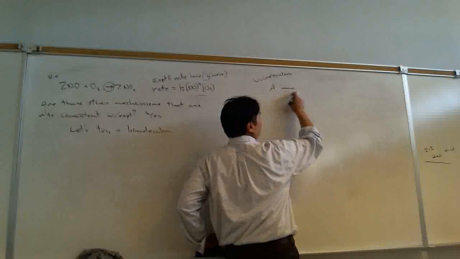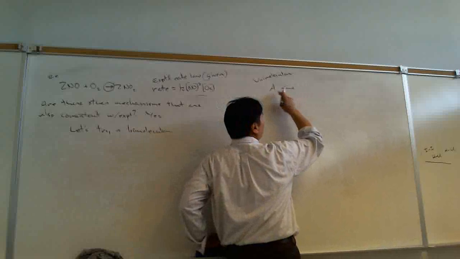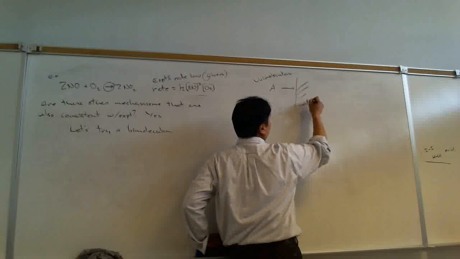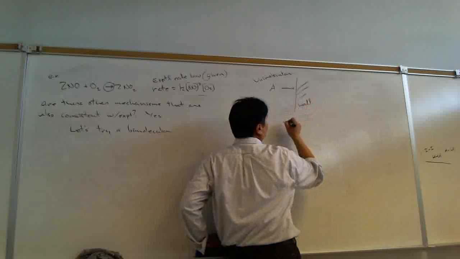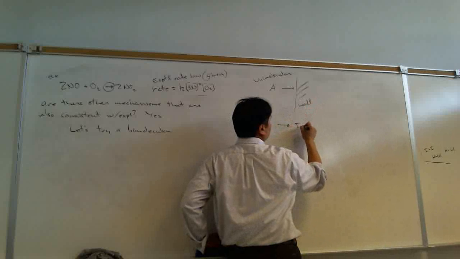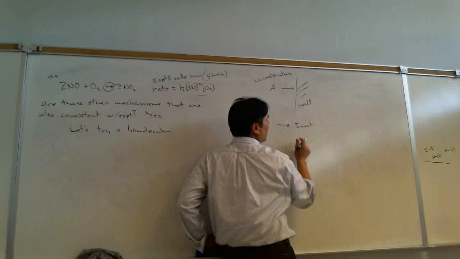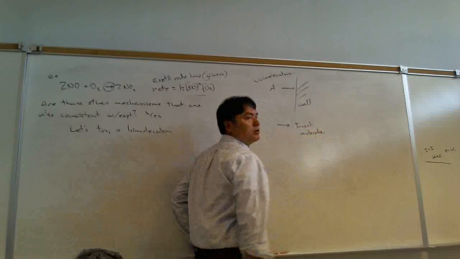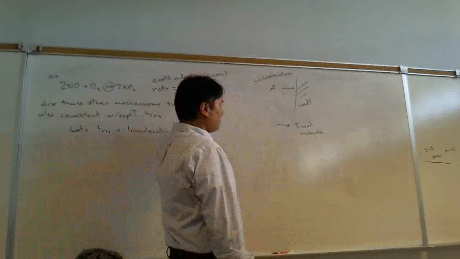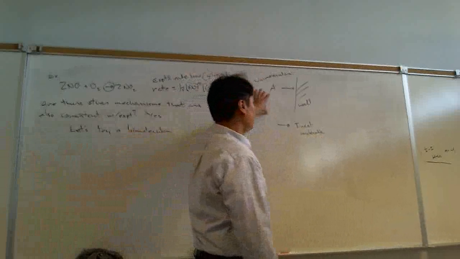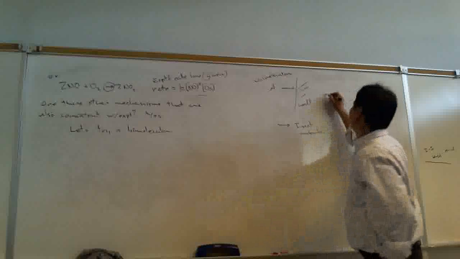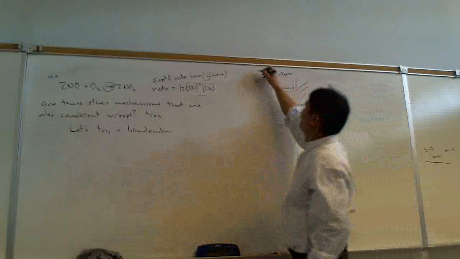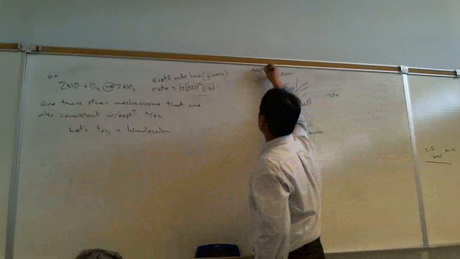A unimolecular collision would be something like this, where A collides with a wall or an inert, that is, unreactive molecule, maybe nitrogen or something like that. And if it's a unimolecular collision like this, then the rate is pretty simple. These are called simple collisions.